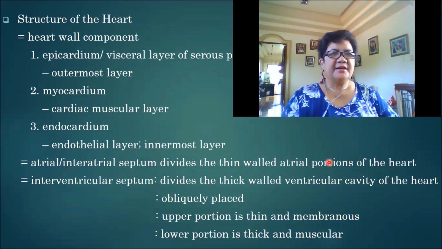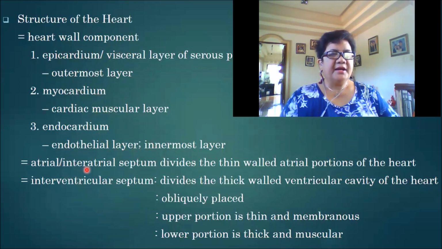Remember, I said earlier, your visceral layer of the serous pericardium is also known as your epicardium. Then you have the myocardium, which is the cardiac muscular layer. Then the endocardium, which is the endothelial layer or the innermost layer of the heart wall. And of these three, the thickest layer is the myocardium.